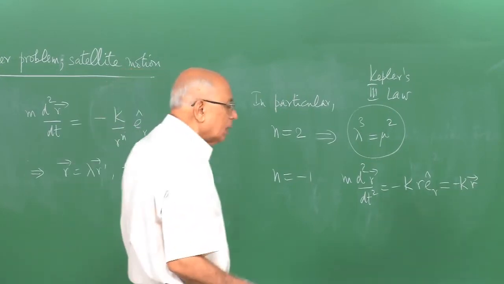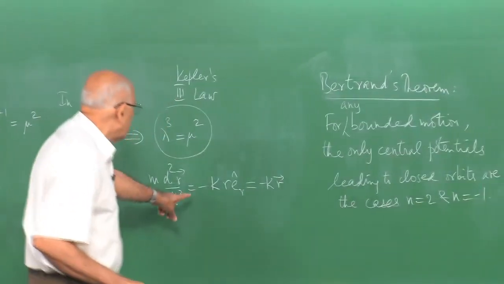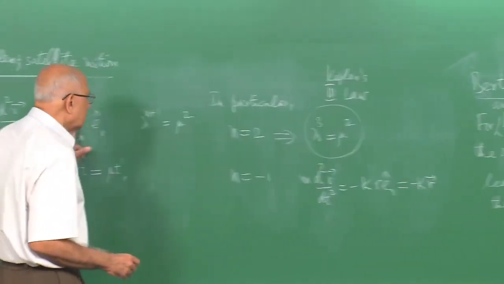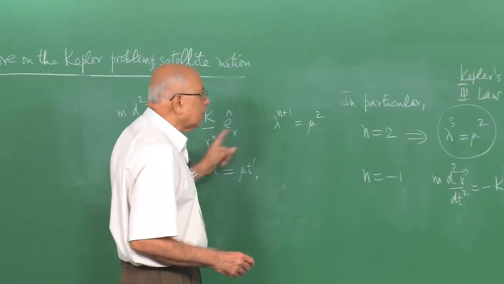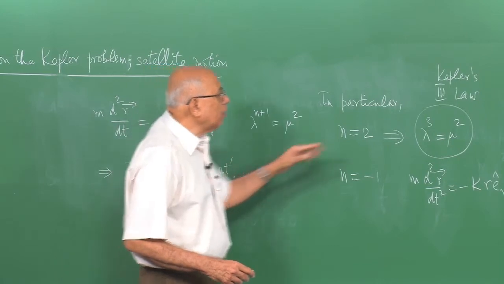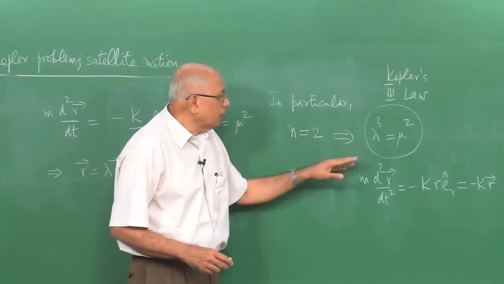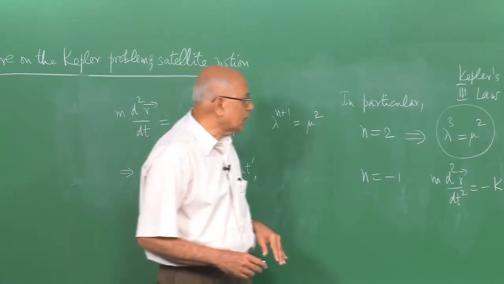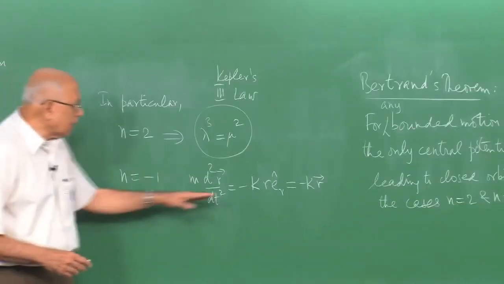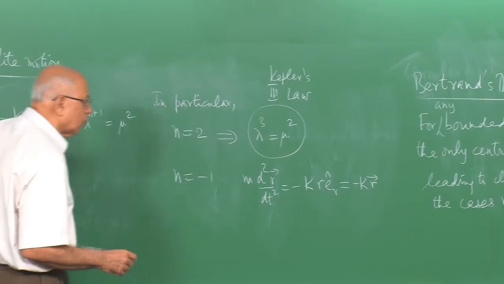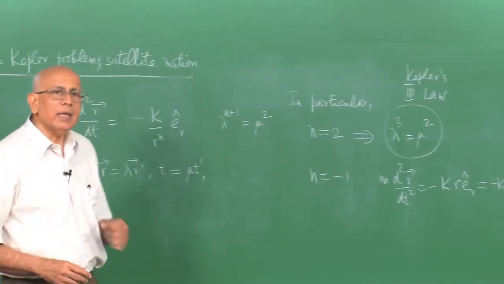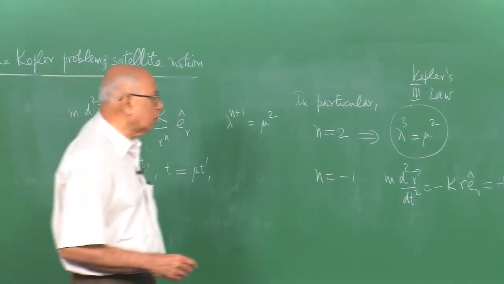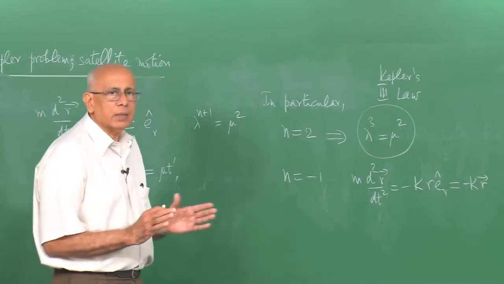Okay. The difference between this potential and this potential is that here Kepler's third law says that the time period squared is proportional to the cube of the mean distance from the attraction center, but in this case the same kind of argument says that the time period is independent of the amplitude of the motion or the linear dimensions of the orbit.